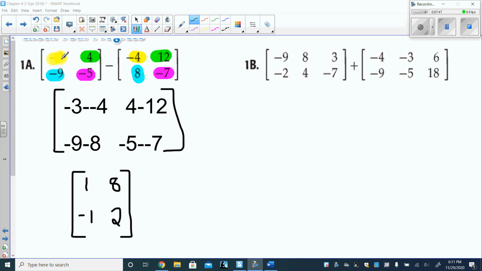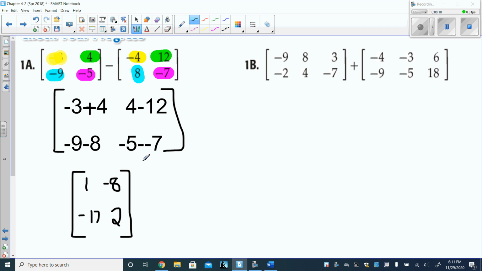So when we subtract these, negative 3 minus negative 4. Well, the negative and negative became our positive, and negative 3 plus 4 would give us 1. 4 minus 12, again, I'm glad I wrote this out because it would be negative 8, not positive 8. 4 minus 12 would give us negative 8. Negative 9 minus 8 would give us negative, not 1, but negative 17.